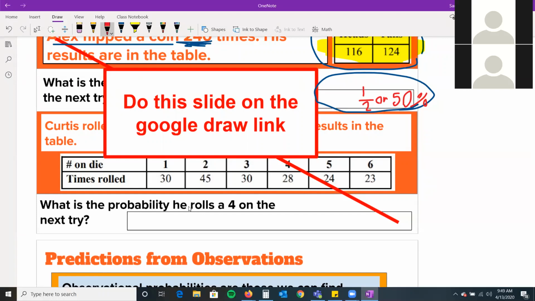Now, the probability he rolls a 4 on the next try, and to tie this to the real world, something you can think about is people that go to casinos and gamble.